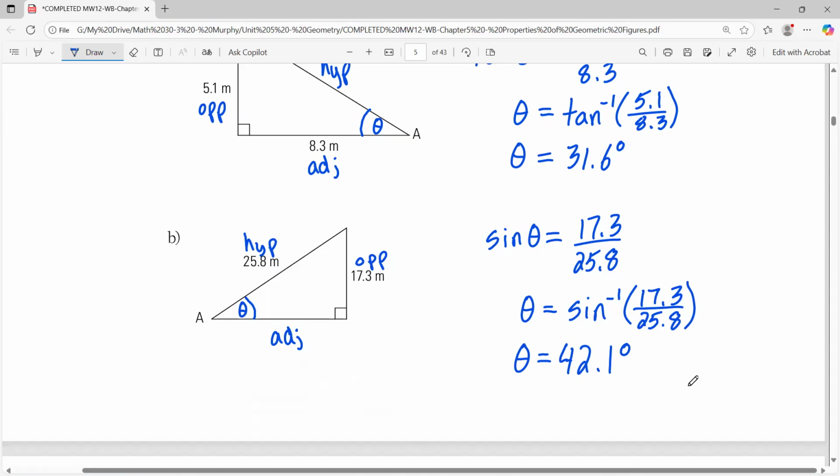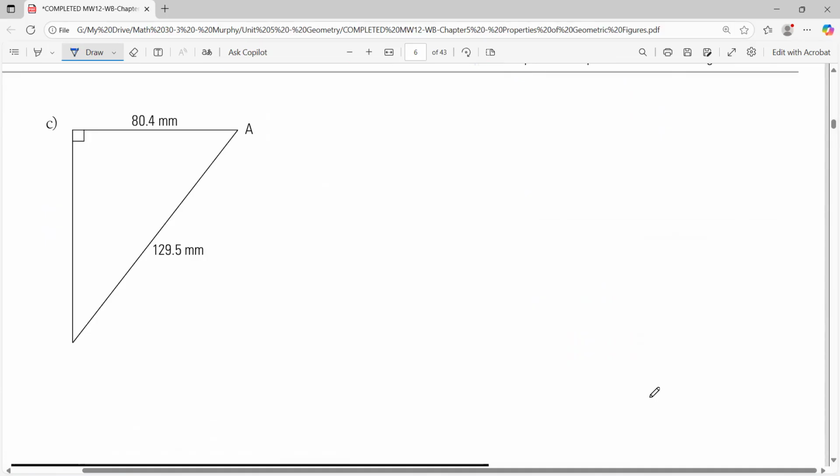And no C on the next page. So we're looking for angle A. Here's the hypotenuse. Over here we got opposite and adjacent. Okay, so we got adjacent and hypotenuse.